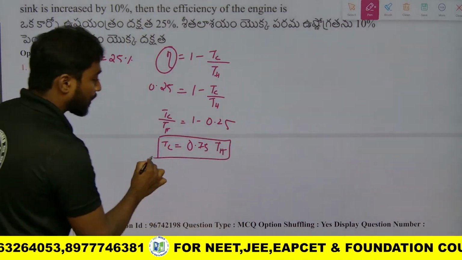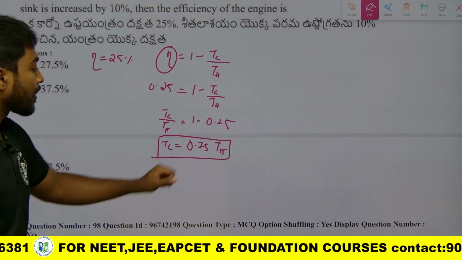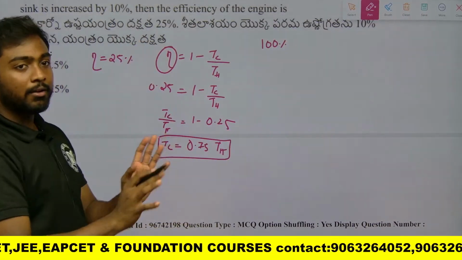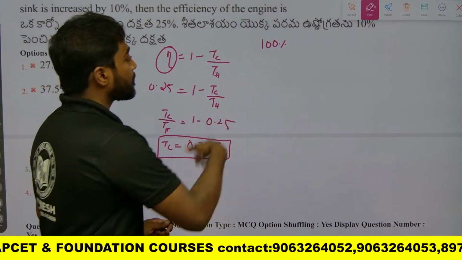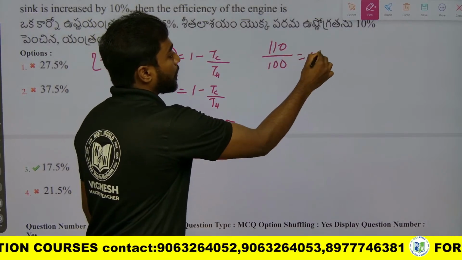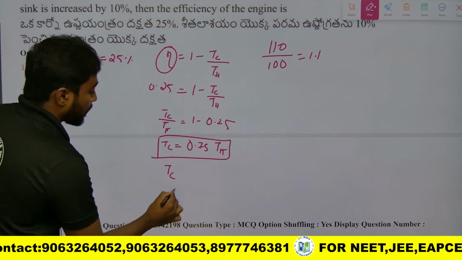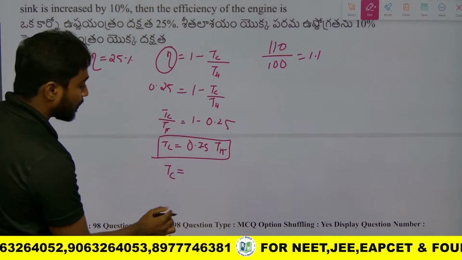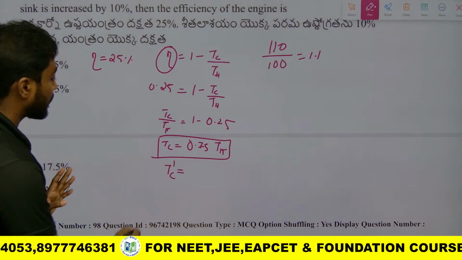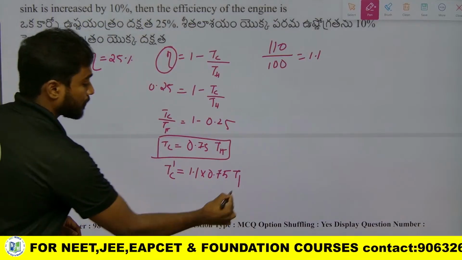Now, 10% has been increased, right? 10% increased means 110 divided by 100, which is nothing but 1.1 times. So Tc, the new one, I'll take as T dash C, since the absolute temperature has been increased. T dash C equals 1.1 into 0.75 times Th.